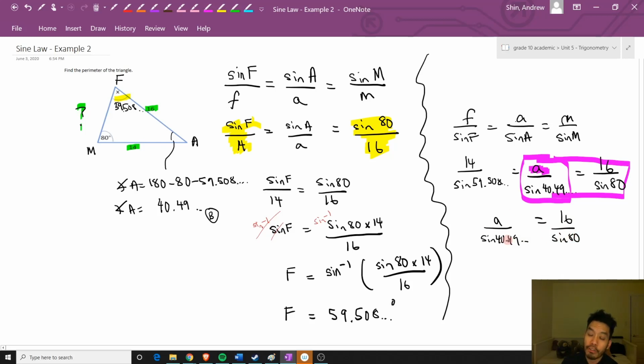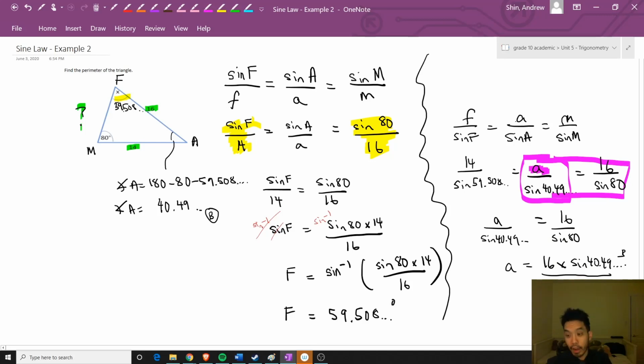And here we need to solve for A, so the opposite of dividing by sine 40.49 is multiplying by sine 40.49. So times sine 40.49 dot dot dot, which is also known as B. I stored it under B just for my own reference, and divide by sine 80.